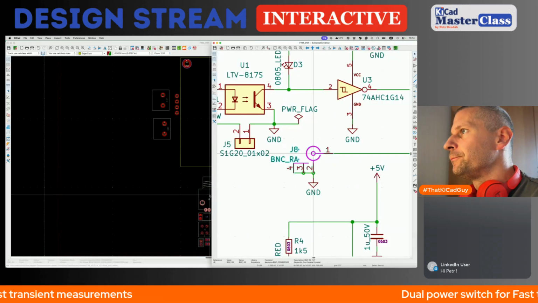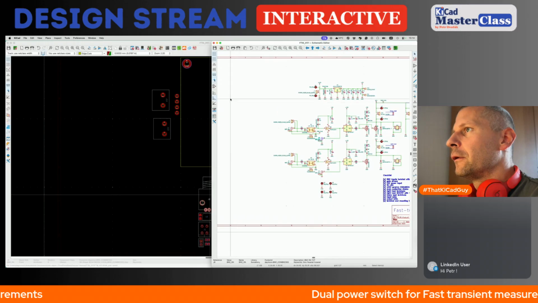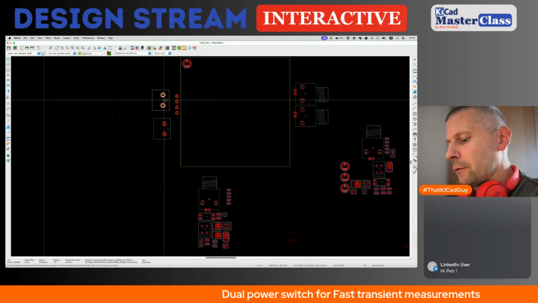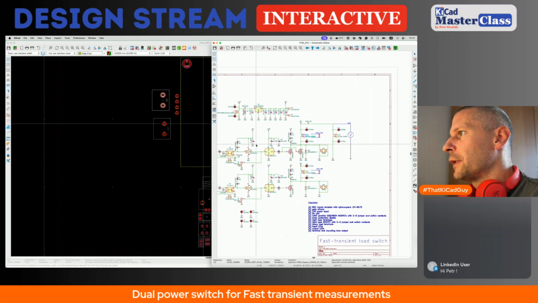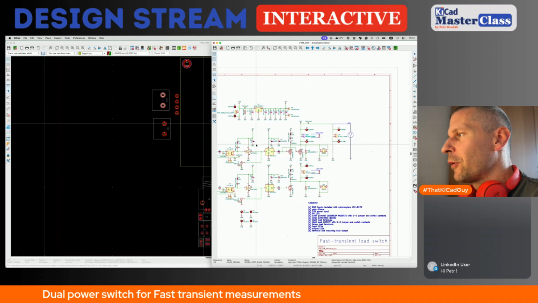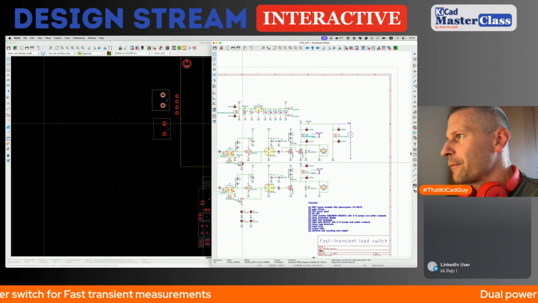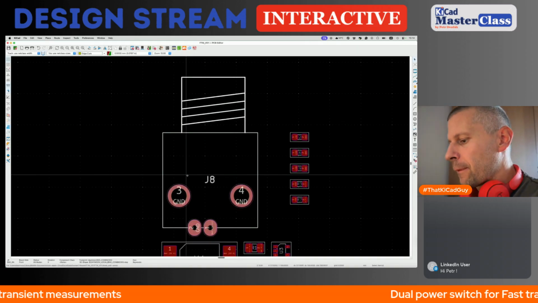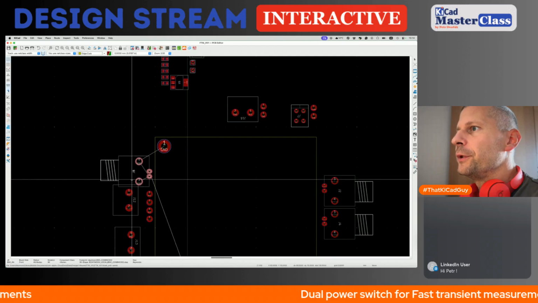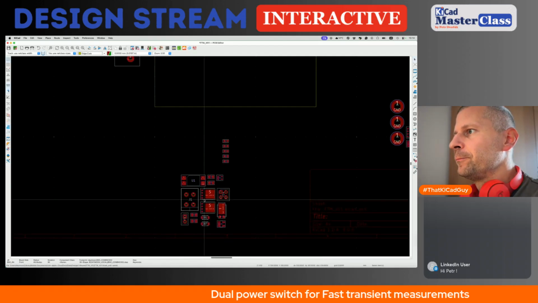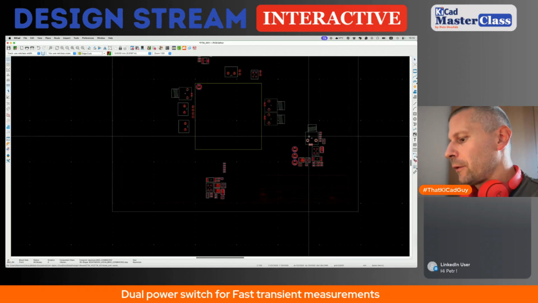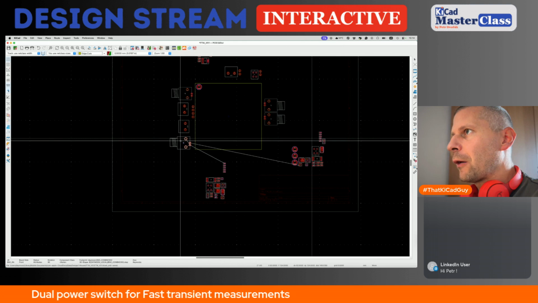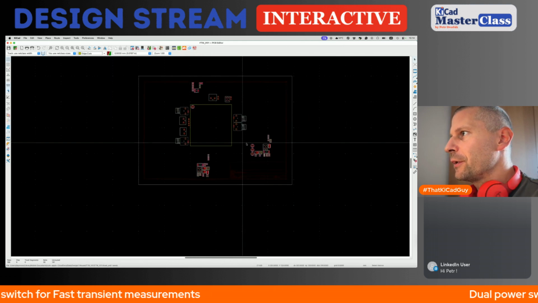So the heavy load terminal will be here, and the light load terminal with the light load output monitoring BNC will be here.